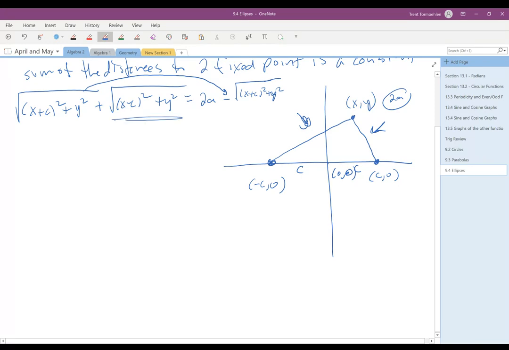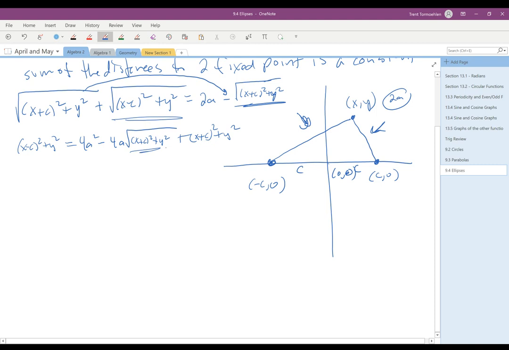So this gives you just x minus c squared plus y squared. This side is going to be 4a squared minus 4a times that square root, because it's like squaring a binomial. And then it's going to be this squared, which is x plus c squared plus y squared.